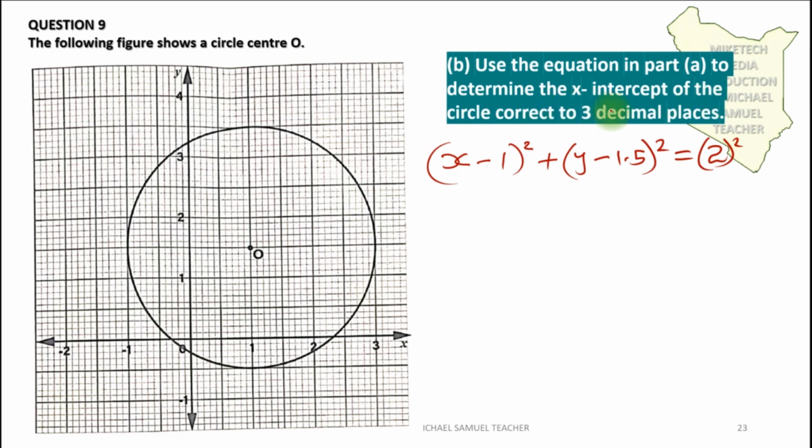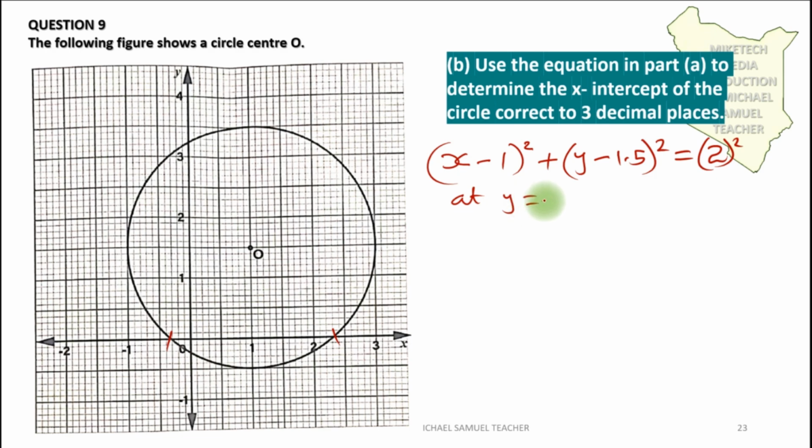We need to determine the x-intercept of the circle, where it cuts the x-axis, and it is cutting at 2 particular points, at this particular point and also this particular point. So we need to get those values. Therefore, at the x-intercept the value of y is 0.